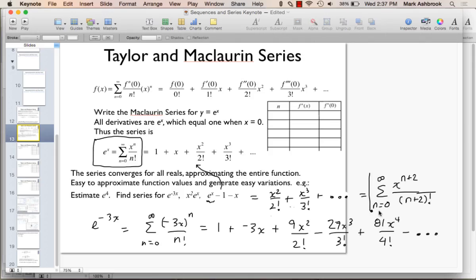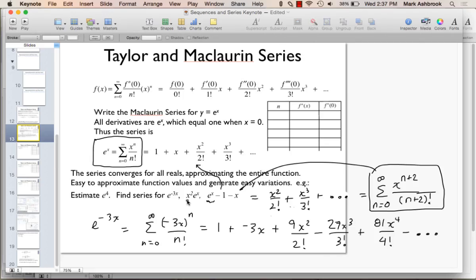And now that would be the power series for that thing, because it's the same as the power series before, but without the first two terms. And this was the e to the minus 3x to the n. Okay, any questions on these examples?